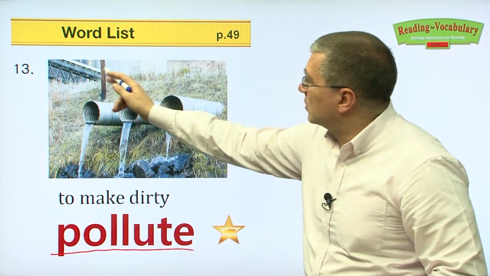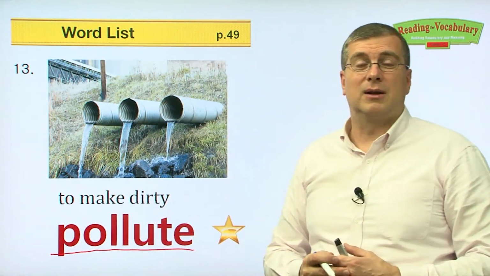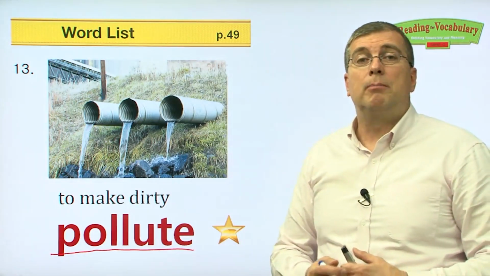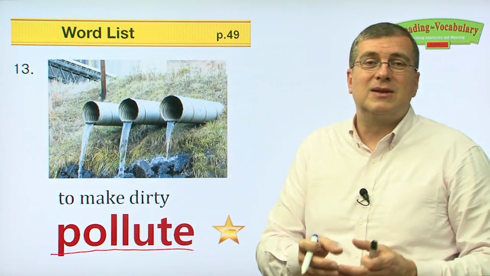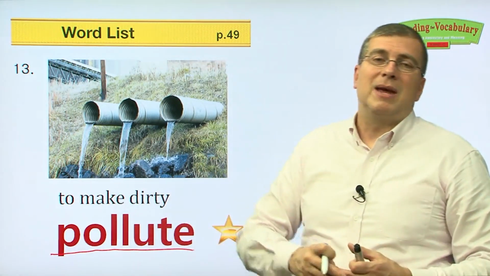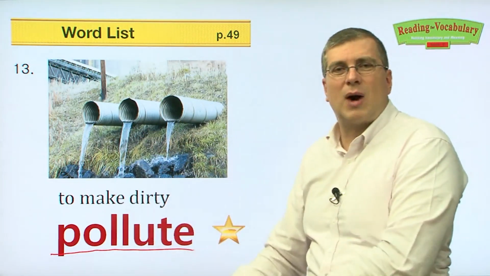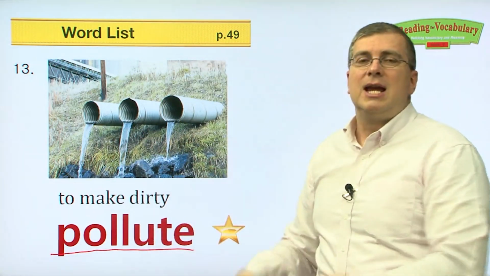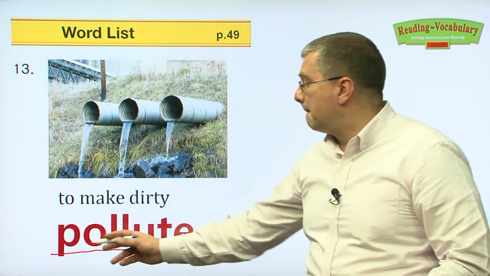And sometimes factories or industrial companies will pollute the environment because of what they're doing. Their activities make dirty water, dirty air, or things that we throw away in the ground, so dirty land. If we make something dirty, we are polluting the environment. Pollute.